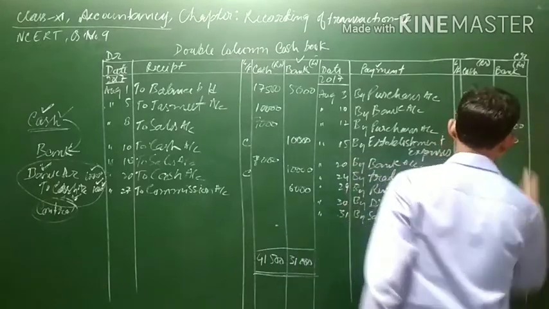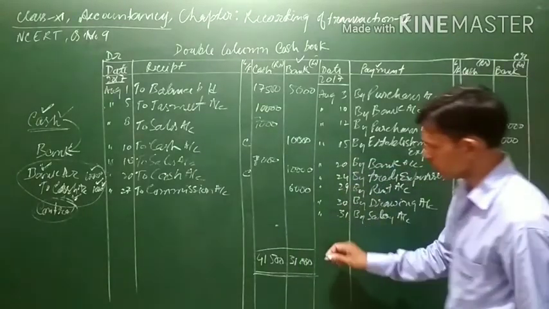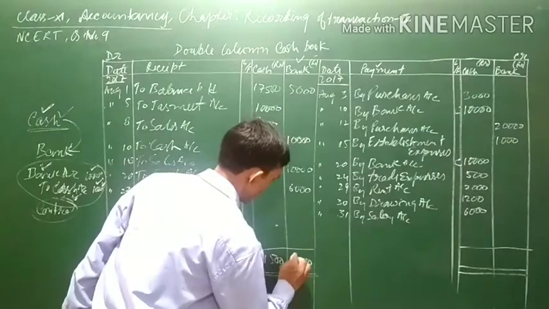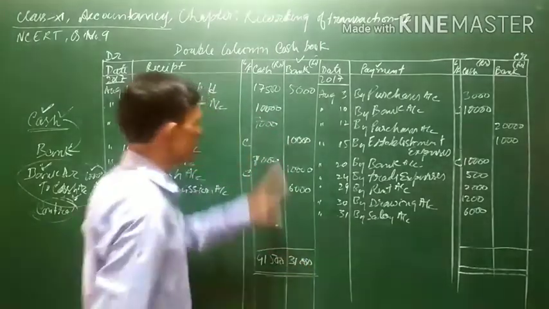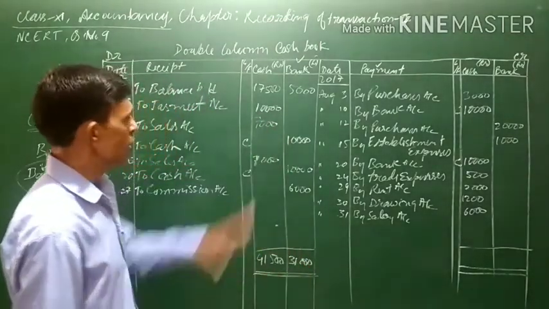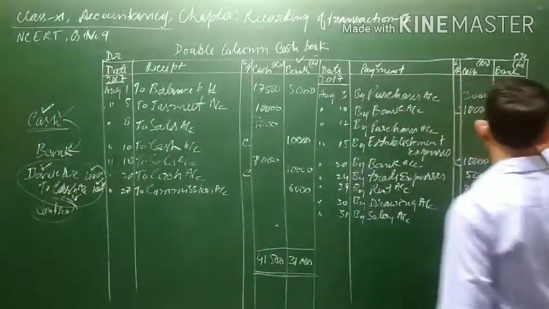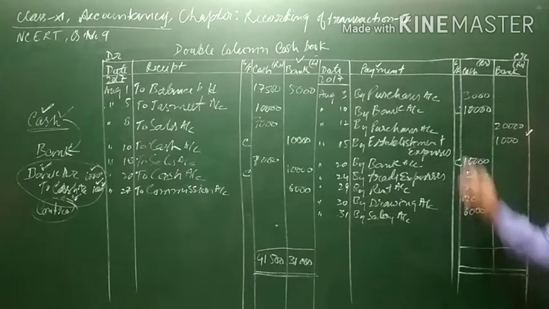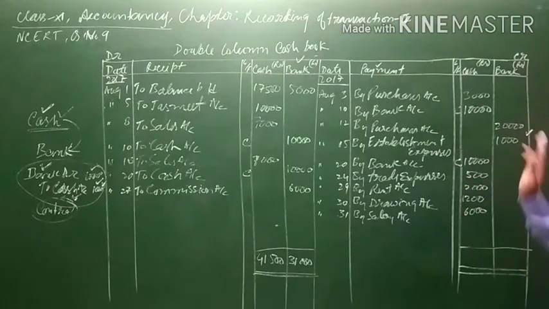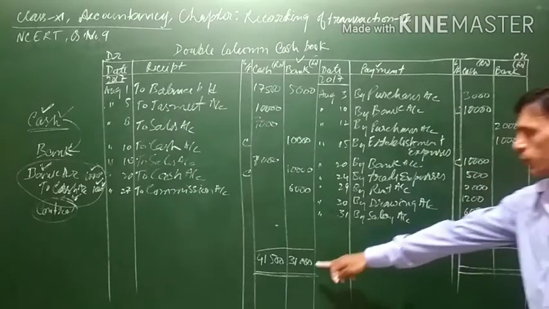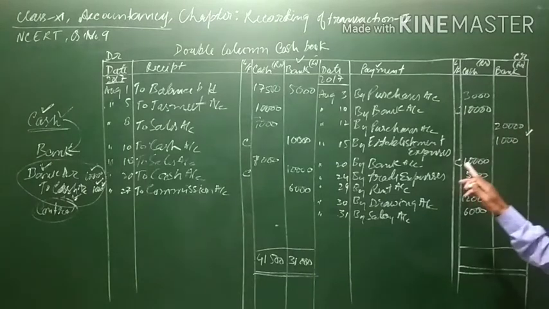Now let us see the balance of this. First of all, take the total balance of the bank column. The debit side is 31,000. This much amount has been received in the bank, and out of this 31,000, 21,000 has been paid. So how much balance will be left? Obviously 31,000 minus 21,000, 10,000 will be left.